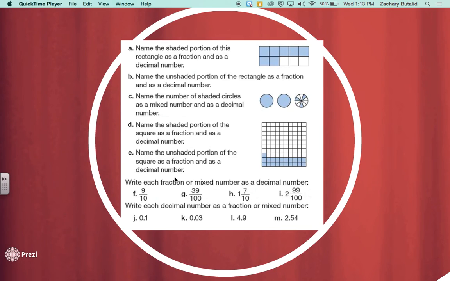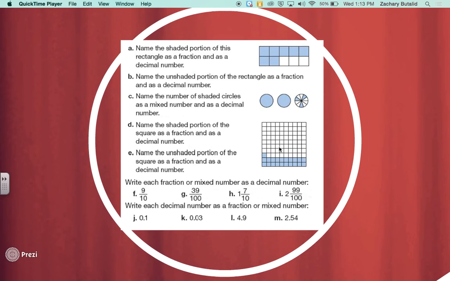Here's our lesson practice for today. We're going to name the shaded portion of this rectangle as a fraction and as a decimal number. So I want both fraction and decimal number for letter A. Then you do the unshaded portion of this for letter B, both as a fraction and a decimal. For letter C, we're going to do mixed numbers.